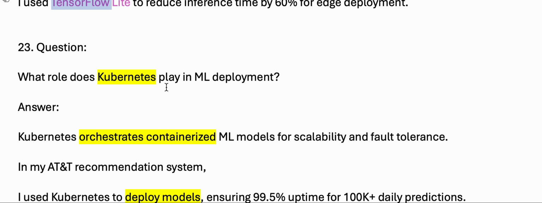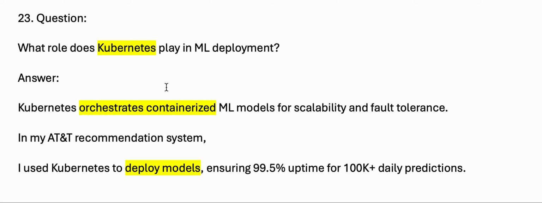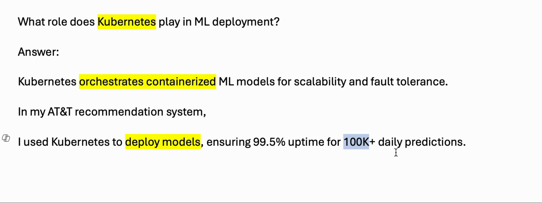What role does Kubernetes play in machine learning deployment? Kubernetes orchestrates containerized ML models for scalability and fault tolerance. I use Kubernetes to deploy models ensuring 99.5% uptime for 100K plus daily predictions.